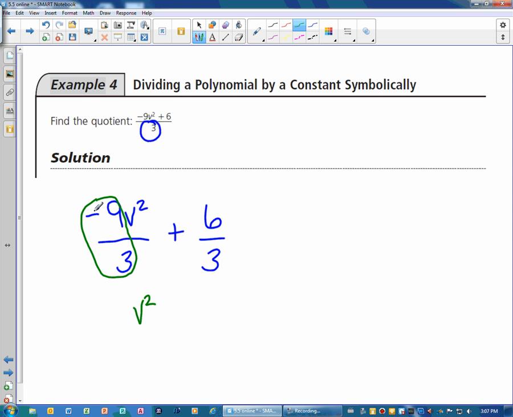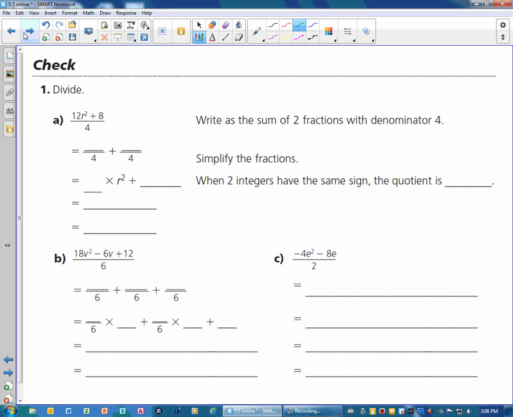But I certainly know that negative 9 divided by 3 is negative 3. Okay, so this part becomes the negative 3. The v squared just sits there. The plus sign, 6 divided by 3 is 2. Okay, so separate that denominator into both of the terms of the binomial or the polynomial, whichever one you're doing. So please go ahead and try the check and then come back and make sure that you got it right.